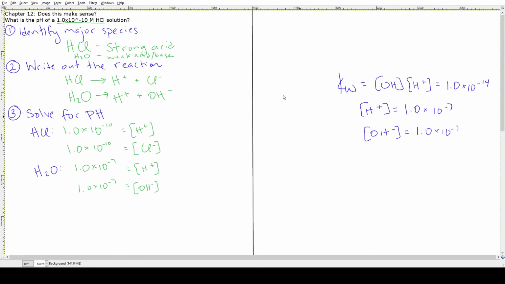Okay, so here's the thing. Look at the concentration of your hydrogen ions. We have 1.0 times 10 to the negative 10 and 1.0 times 10 to the negative 7. So here's a cool annotation for you.